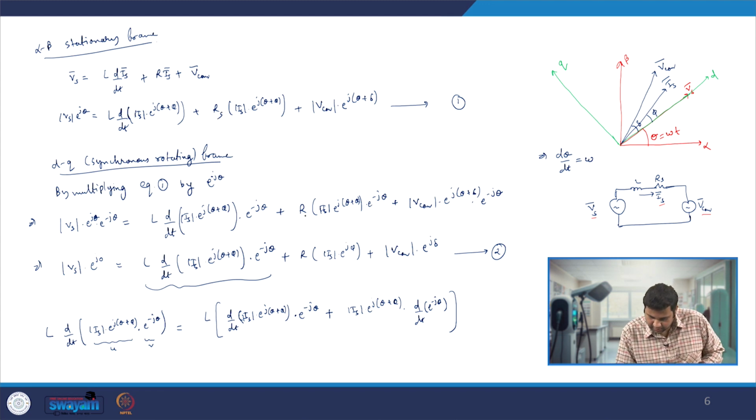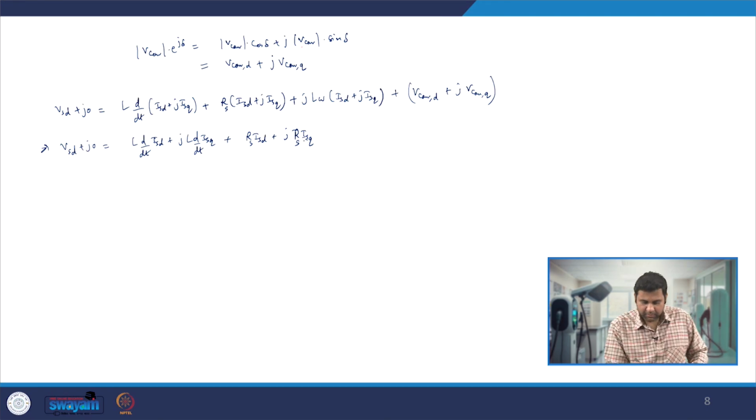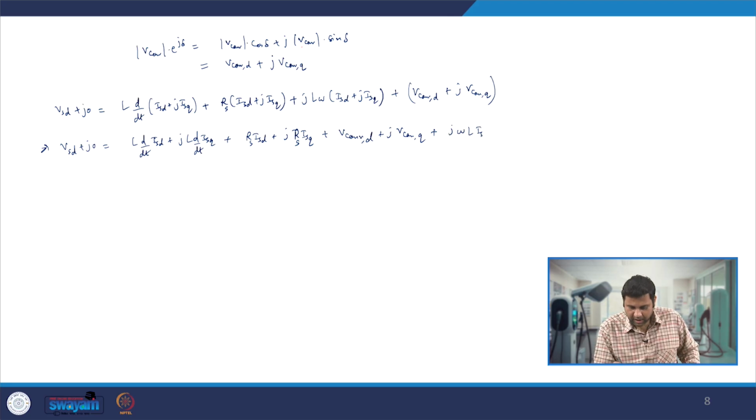So this is Rs, this is Rs, this is Rs plus Rs Isq, plus V converter D plus j V converter Q, and this term, j omega L Isd, and j square will be minus, so minus omega L Isq.